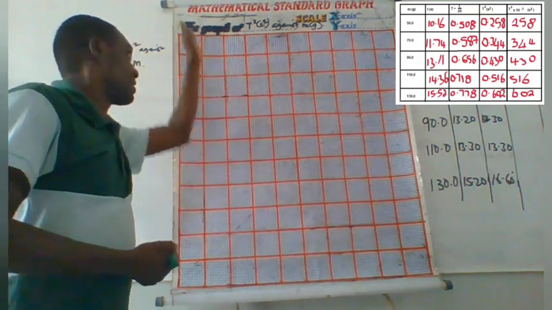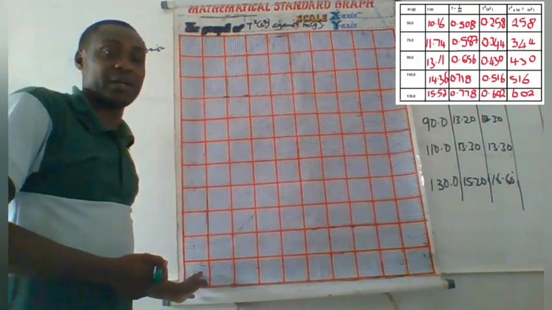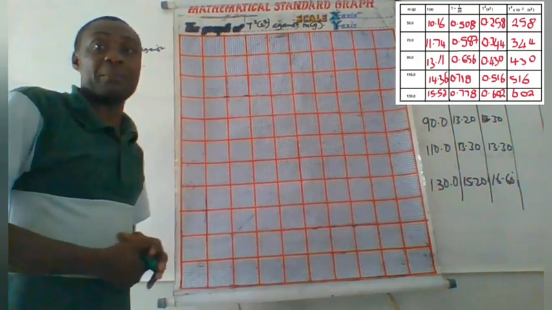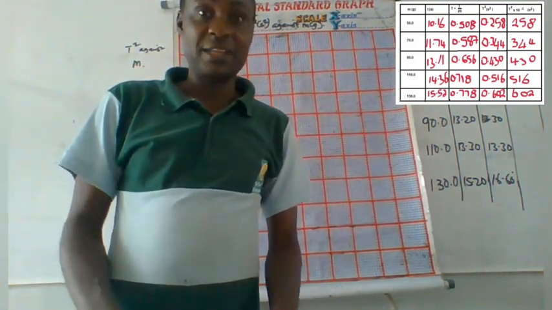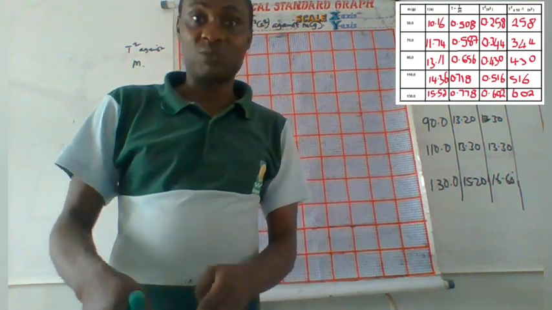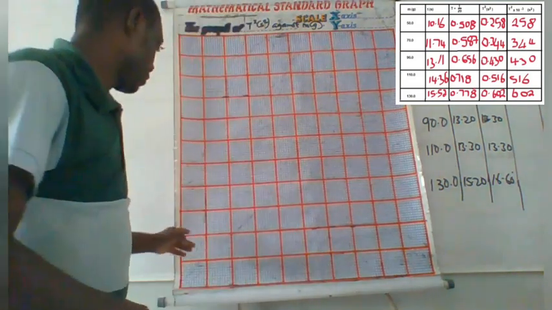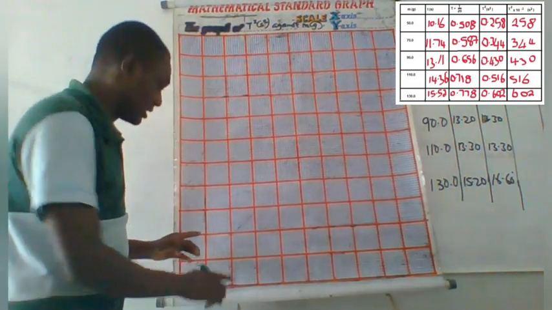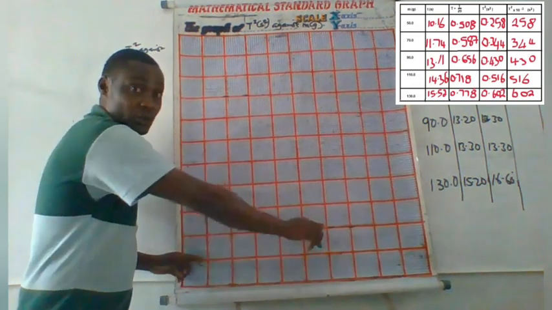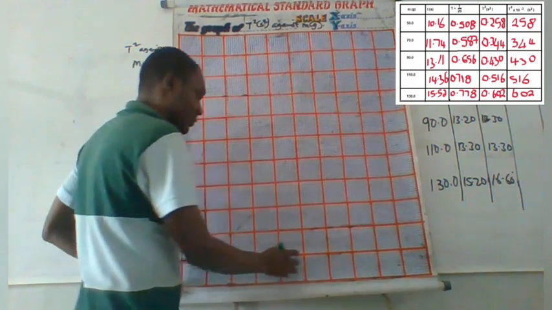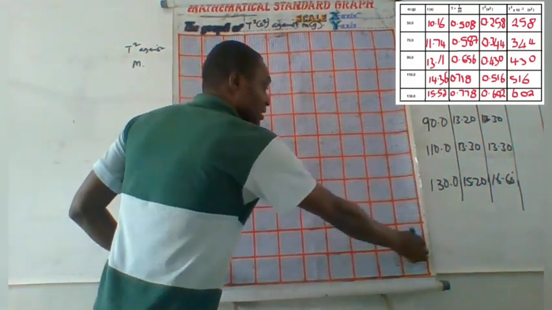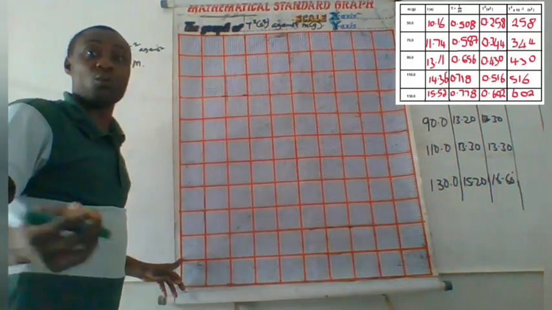Okay. Now we will determine our scales by putting these values here. Our masses are 50, 70, 90, 110, and 130. If I count, this is 0, 10, 20, 30, 40, 50, 60, 70, 80, 90, 100. It will not get to 130.